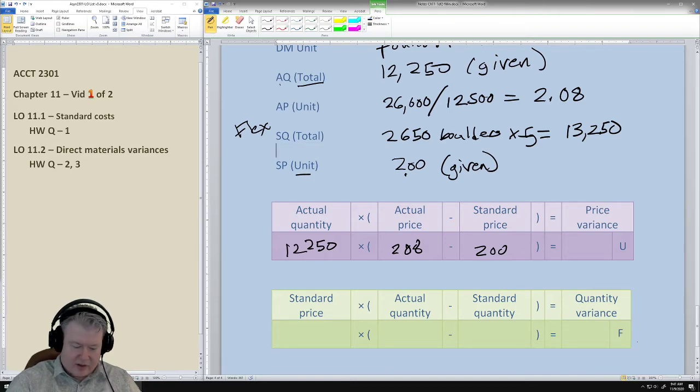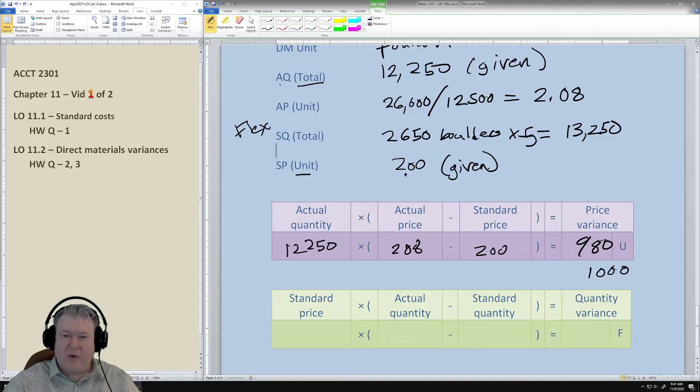So this comes out to 0.08 times 12,250. So I think I may have made a slight mistake in my calculation before. This comes out to 980. I had originally put 1,000, but looking at the actual quantity, I should be using 12,250 here.